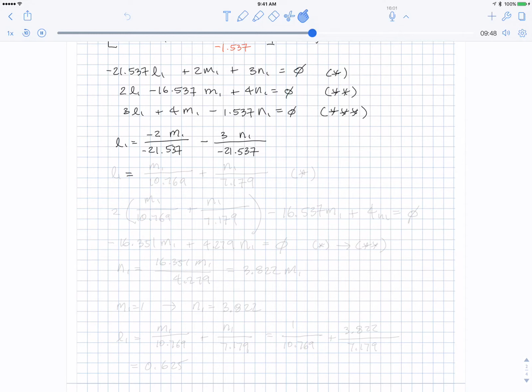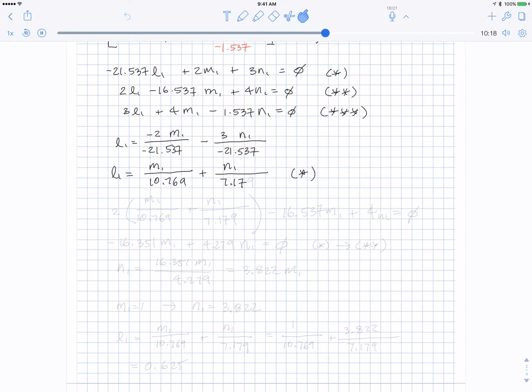So simplifying that, or dividing that out, we get L1 equals M1 divided by 10.769 plus N1 divided by 7.179. So what I'm going to do now is take this, remember this came from equation 1, and put that into equation 2.